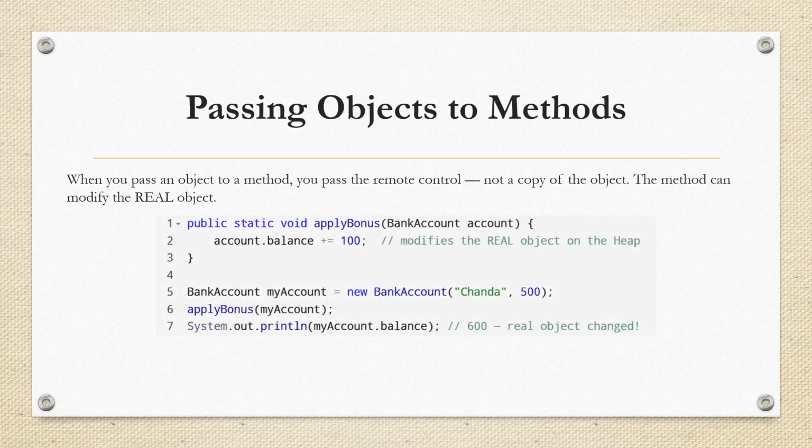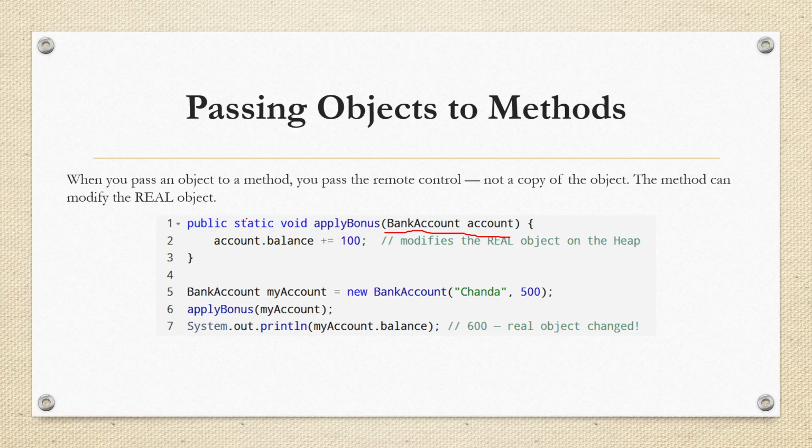Let's look at this example. Now notice in this example, we have a function called apply bonus, and what we are passing here is a reference variable. So when we call it on line number 5 here, we create a new object. We call it my account, and then we pass our object to our function.